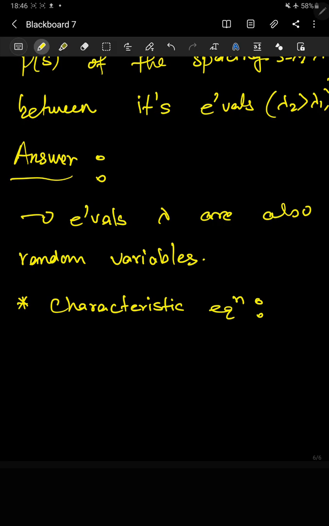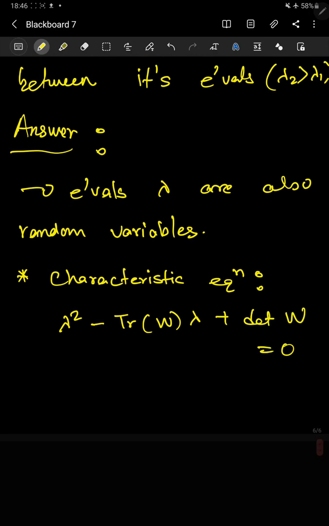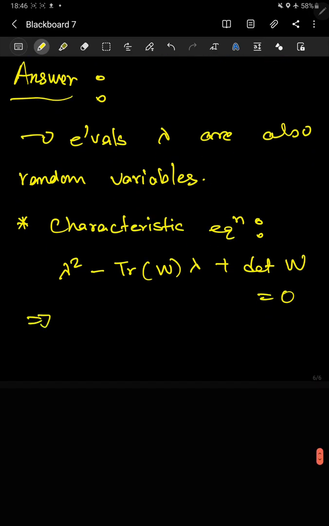If you remember this, it's just the polynomial equation involving the eigenvalues. So you can write the characteristic equation like this: determinant of (W minus lambda I) equal to 0. It's the trace, and it's the determinant.